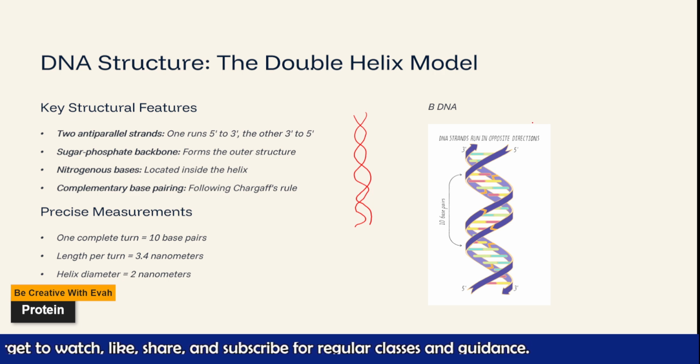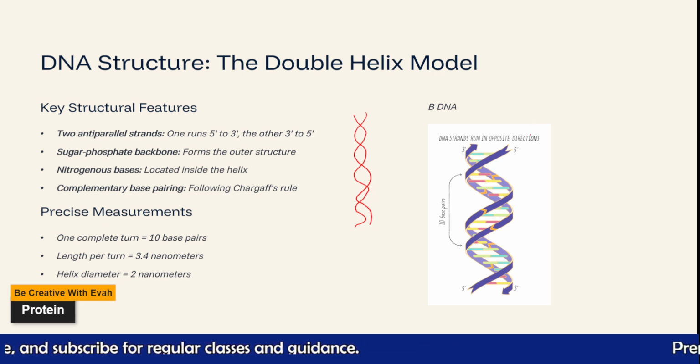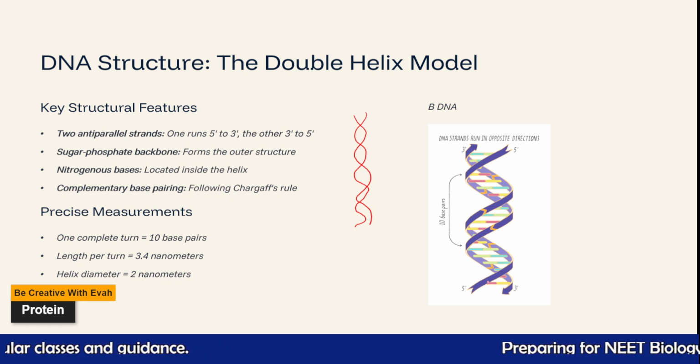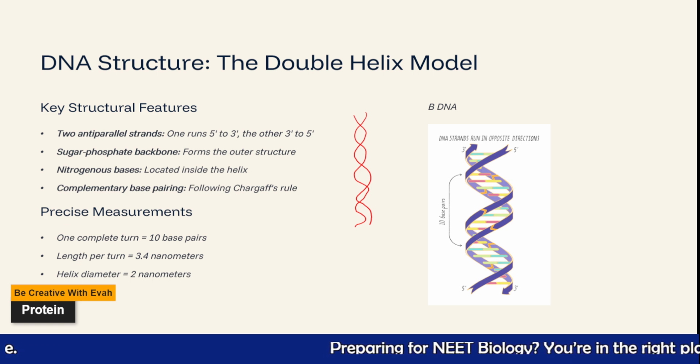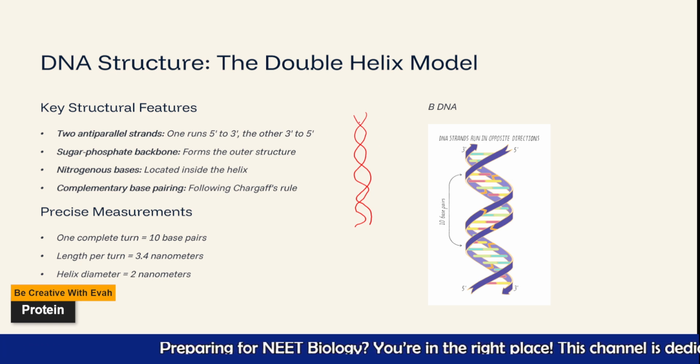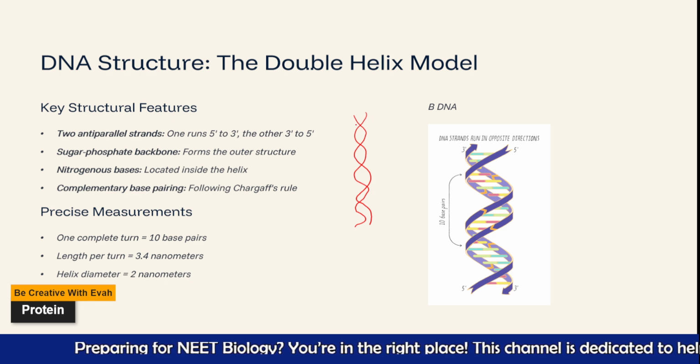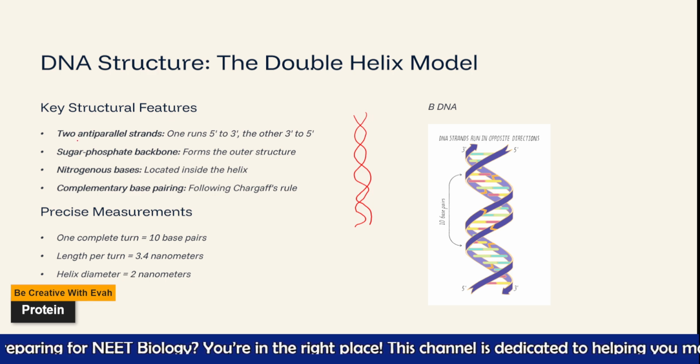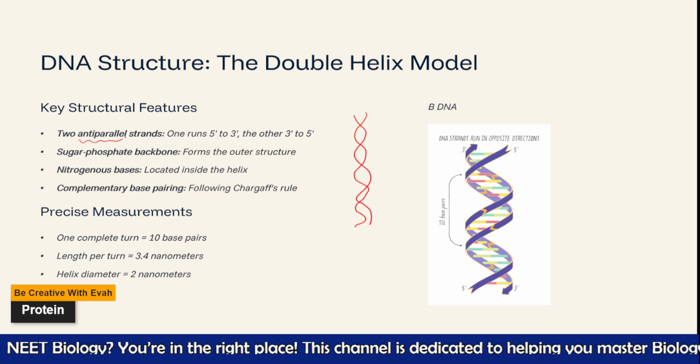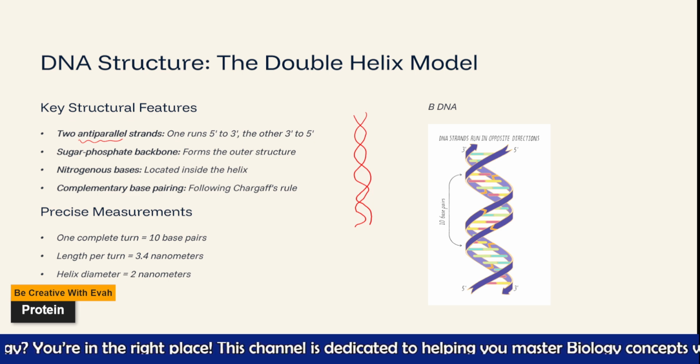According to Watson and Crick, B DNA consists of two polynucleotide chains arranged so that it looks like a spiral staircase. When you check the chains, the two polynucleotide strands are arranged anti-parallelly. Very important point: anti-parallel arrangement.